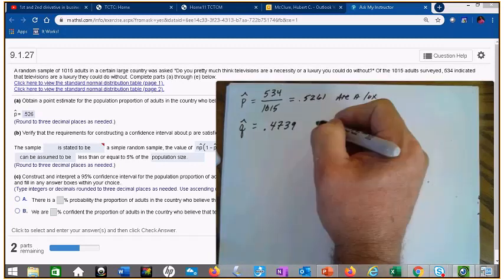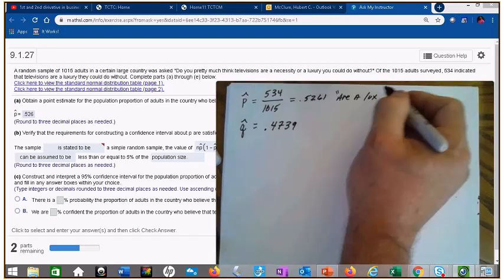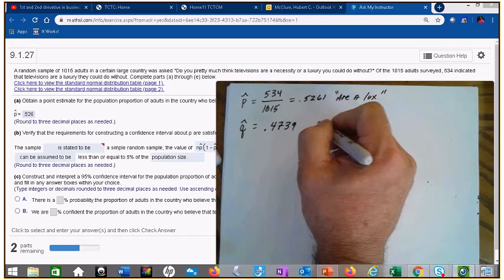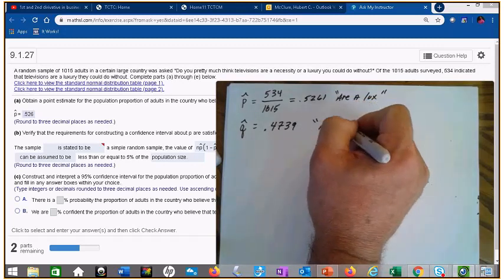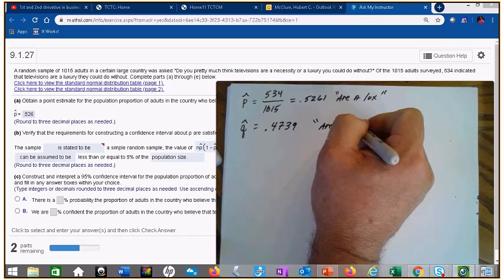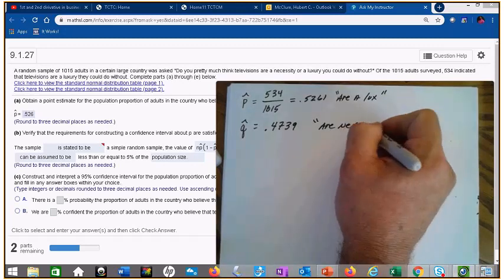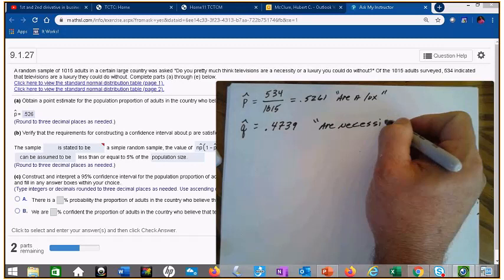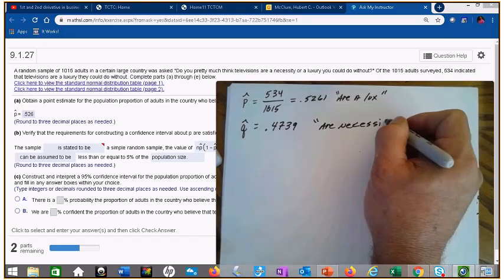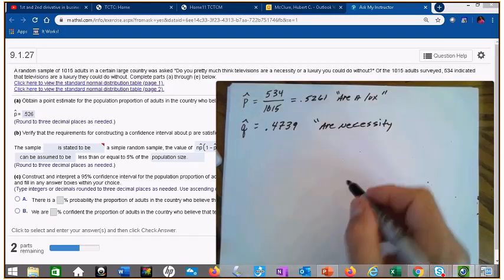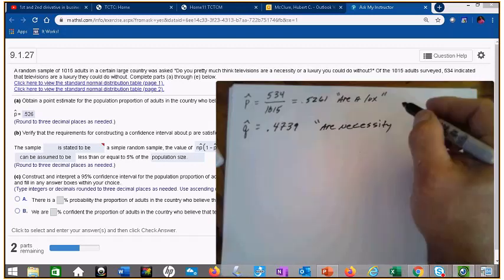So therefore 47% said it is a necessity. How do you spell necessity? It's one C. Necessary and necessity are two words I've never been able to spell. The C and the S is messing me up.